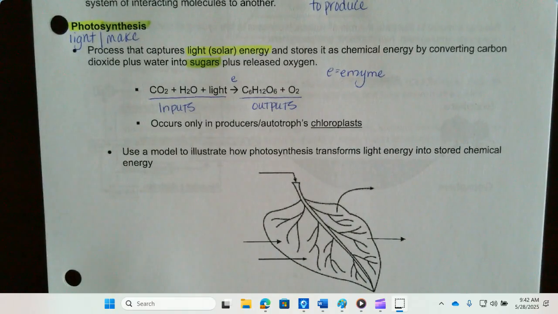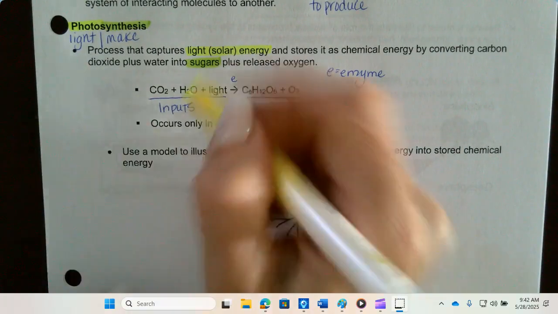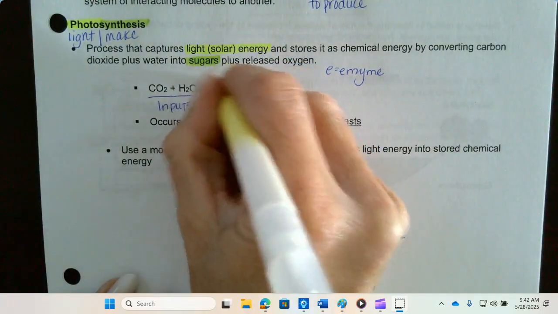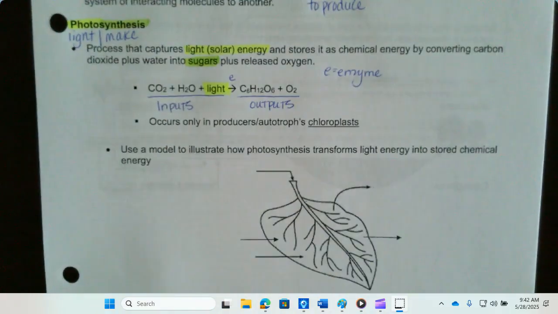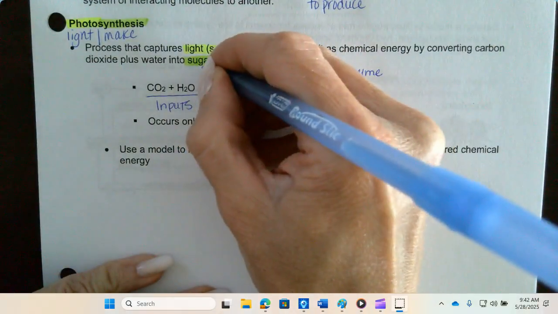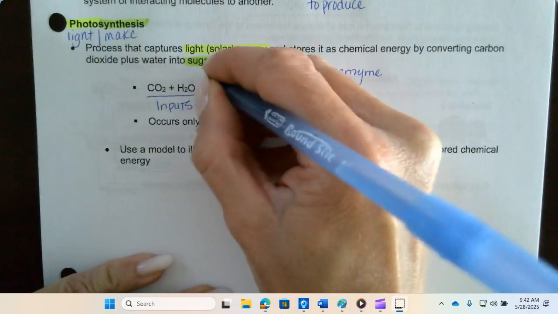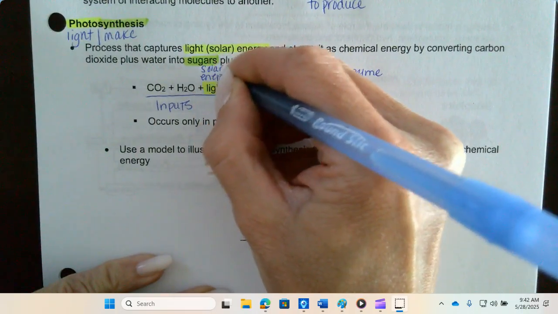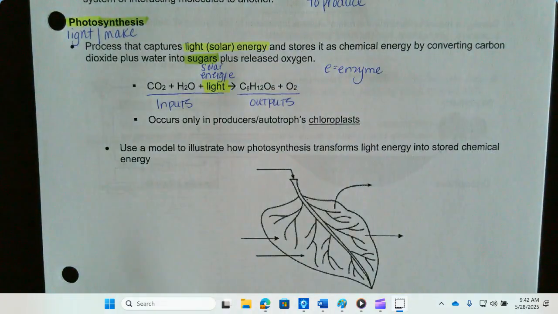Now, looking at this problem, what I like to do is figure out where the energy is. My energy starts off as light energy. Maybe you want to write that down as solar energy. On the Regents, they're probably going to use those two words interchangeably.